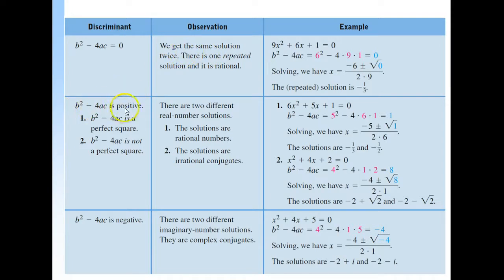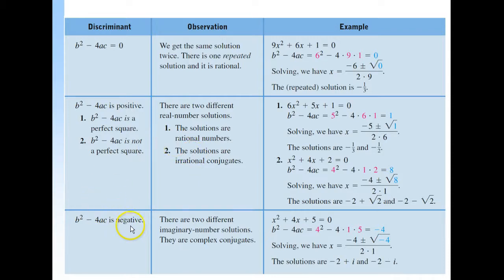If your discriminant is positive, you could get rational numbers, that is, if it's a perfect square under the radical sign, or in this case, irrational.